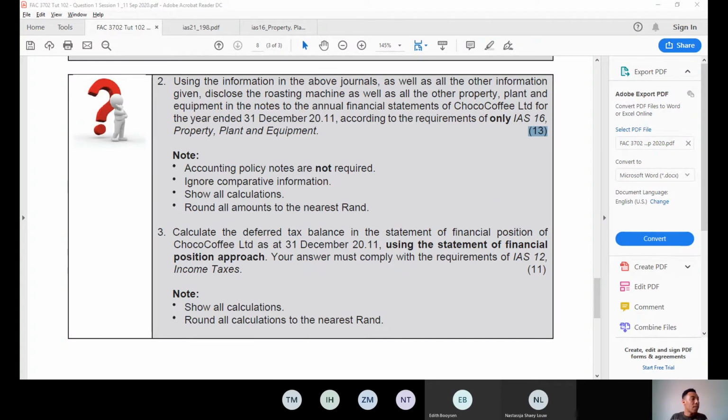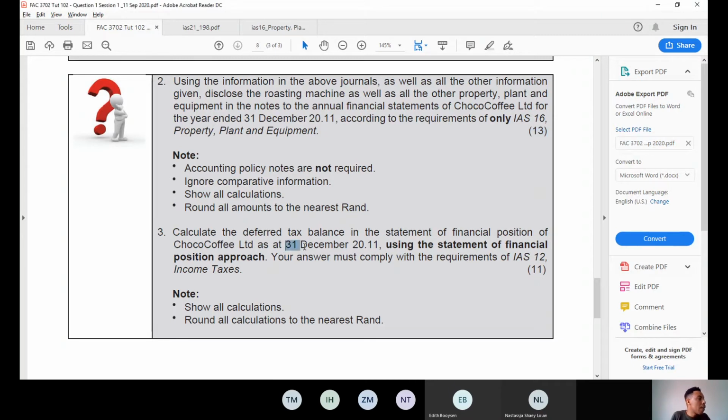I'm going to show you what the difference is, or you should know the difference already, but I am going to re-emphasize what the difference is between calculating and disclosing the deferred tax, right?